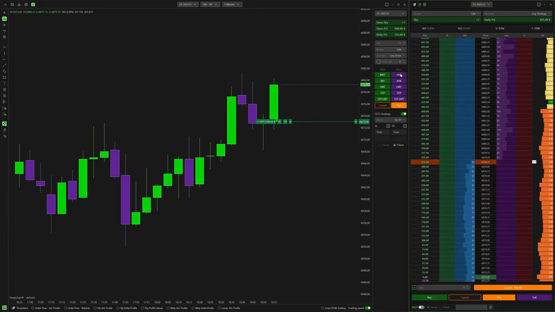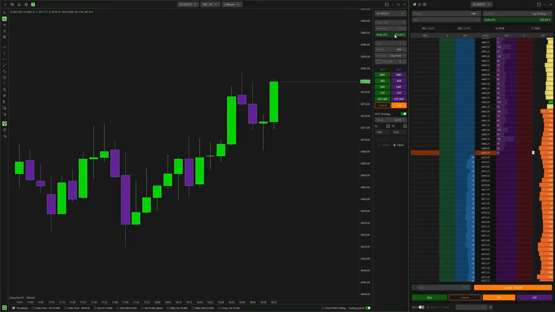Because if I click sell and now my net position is +1, that simply means I'm long one contract. If I sell, I'm not going to open an extra sell position here. I'm just going to close this one, right? Let me sell market, for example. There you go.